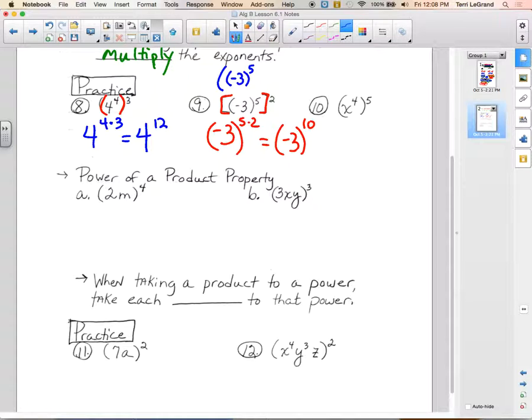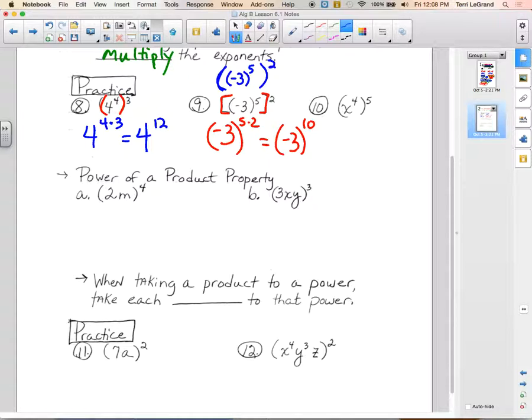So this is -3 to the 5th power, and that is being taken to the 2nd power. The first set of parentheses is because it's a negative number being taken to a power. The second set of parentheses is because it's a power being taken to a power. Is that what your question was?